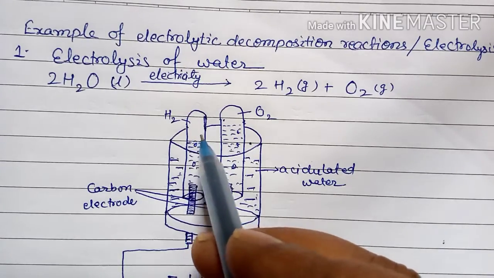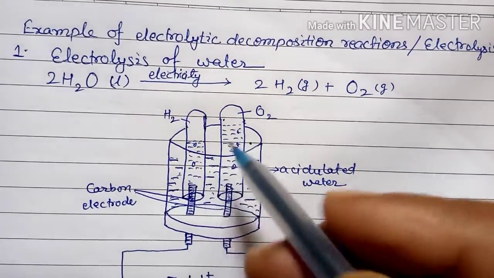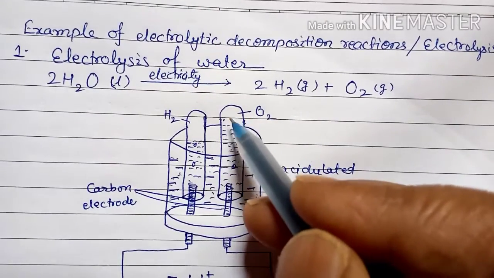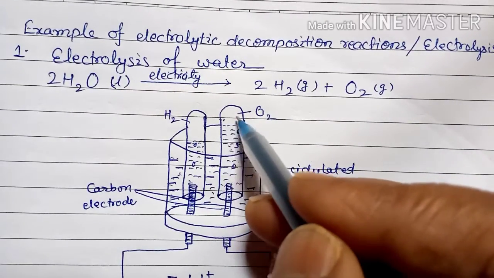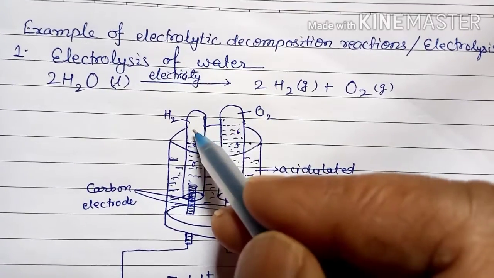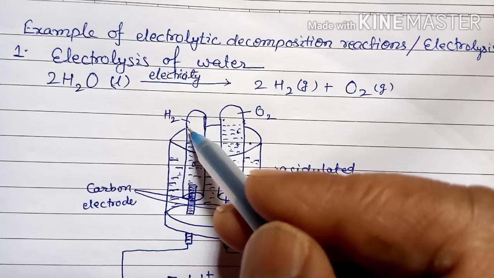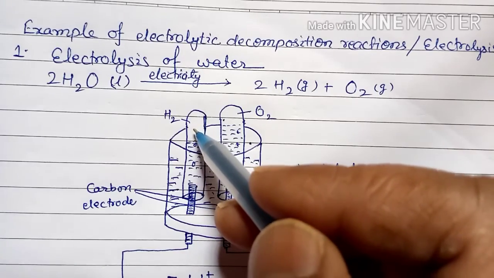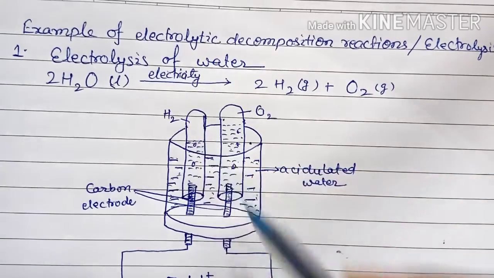These gases can be tested by burning. If you bring a burning matchstick to this gas, it will burn vigorously, and when we bring a matchstick to this gas, it will burn with a popping sound.